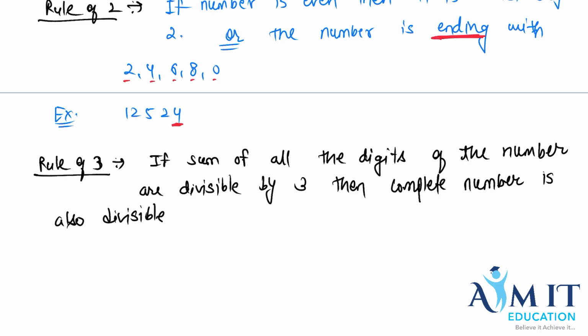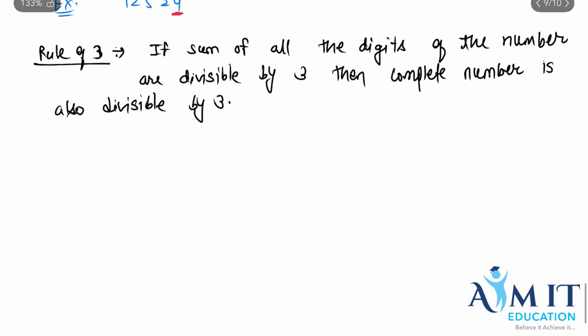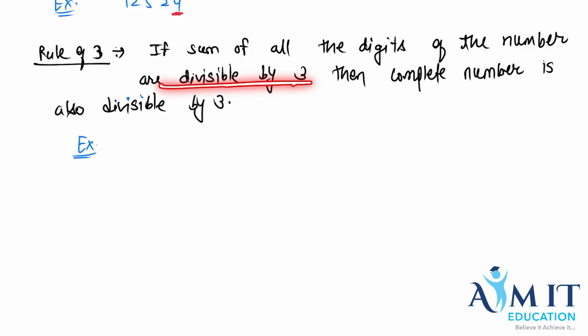So this is the rule for 3. I know many of you know about these rules, but some of the students don't know. So this video is for them. Number के अंदर जितने भी digits है उनका sum जो भी आ रहा है that is divisible by 3, then the complete number is also divisible by 3.